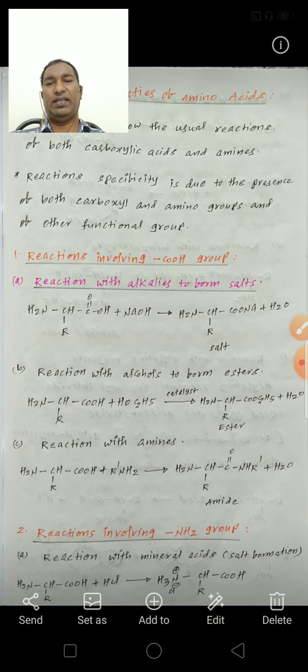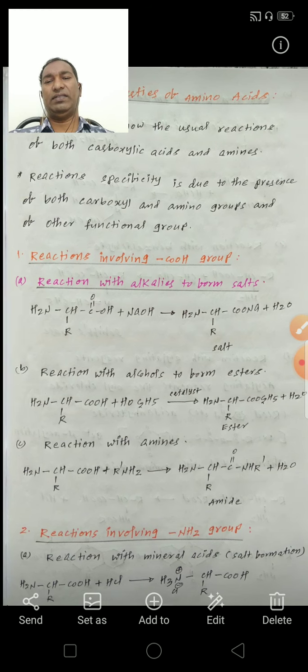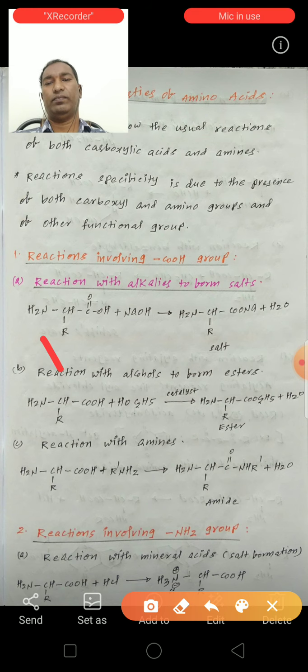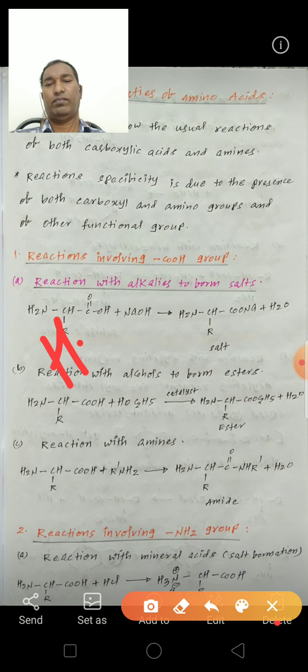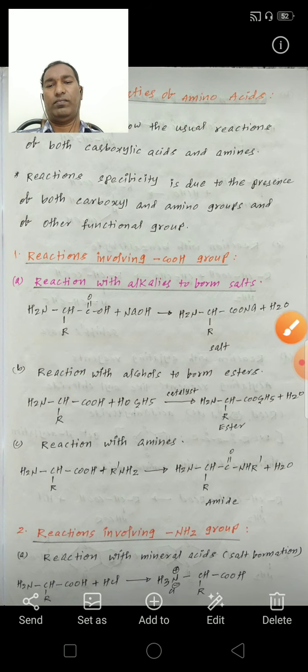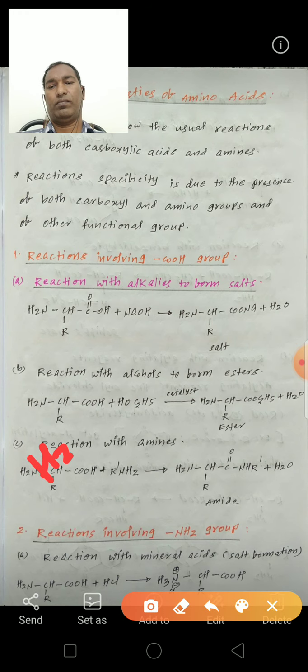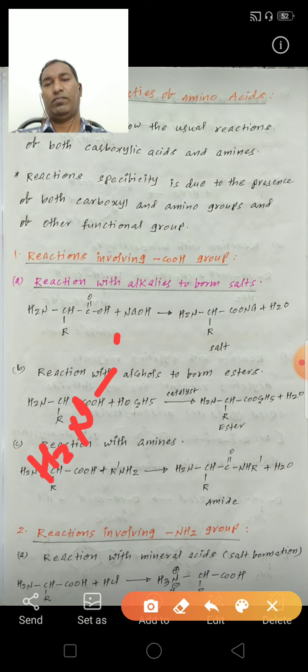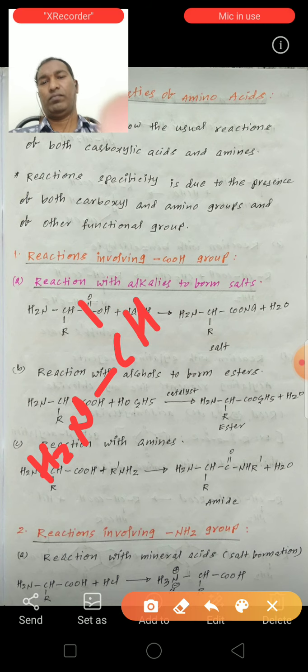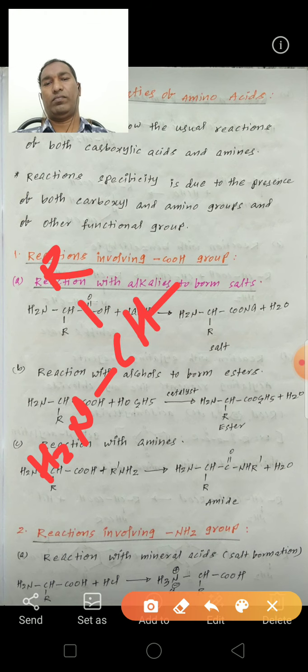See, the general formula of carboxylic acid is this.